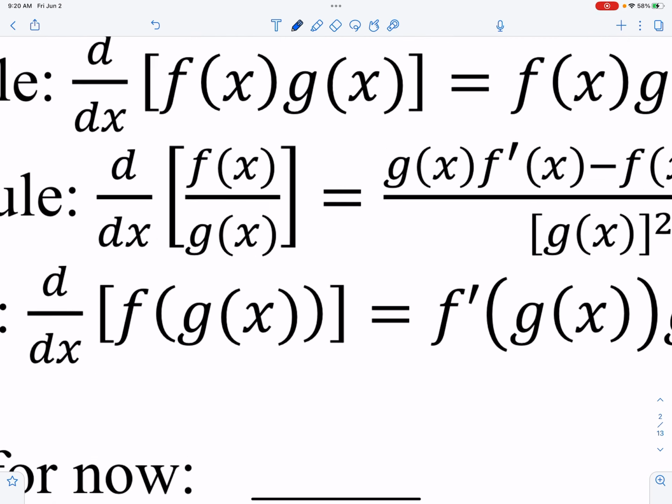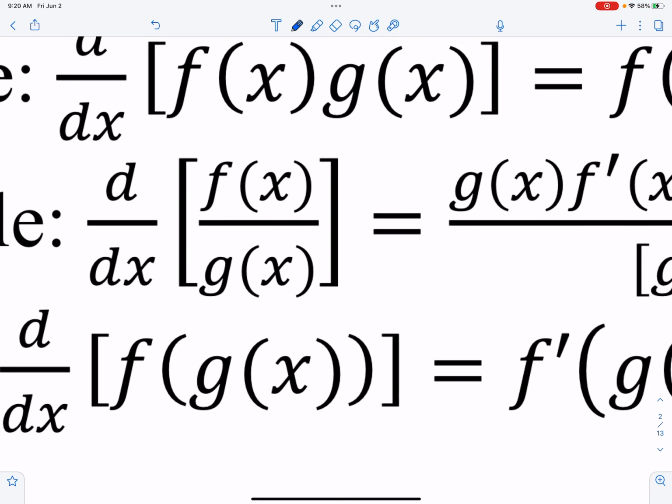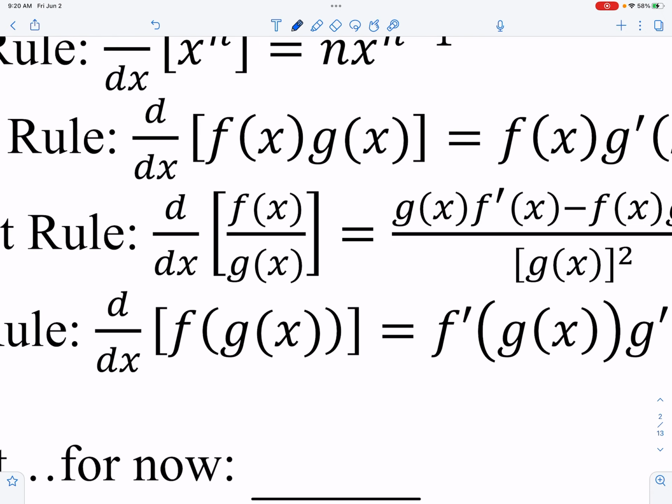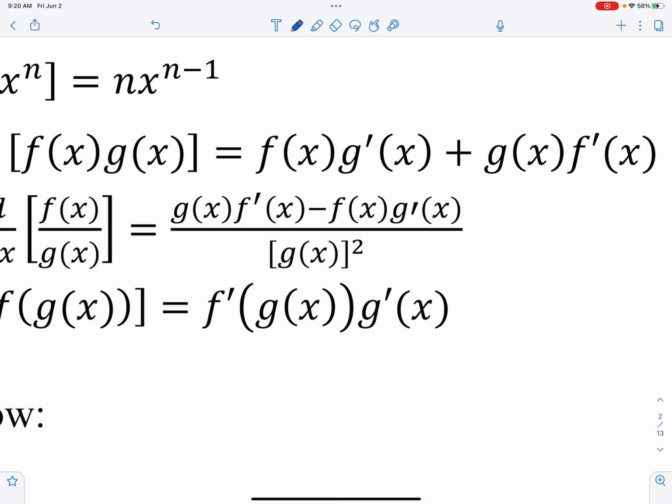So quotient rule is if you're taking the derivative of a function that you can think of as a quotient, right, as a fraction. And to apply quotient rule, it's g of x times f prime of x minus f of x times g prime of x over g of x squared.